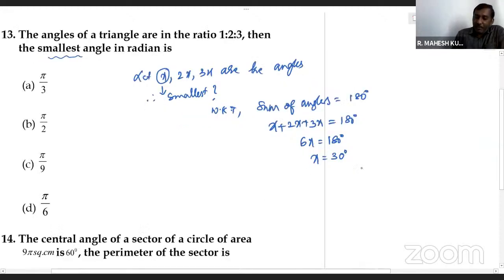So now what is this in radian? It is 30 multiplied by pi by 180. Six times it goes, so it is going to be pi by 6 radian. Option D is going to be the correct answer for this question. See, just by using the sum of the angles you directly get the answer. So option D is the correct answer.